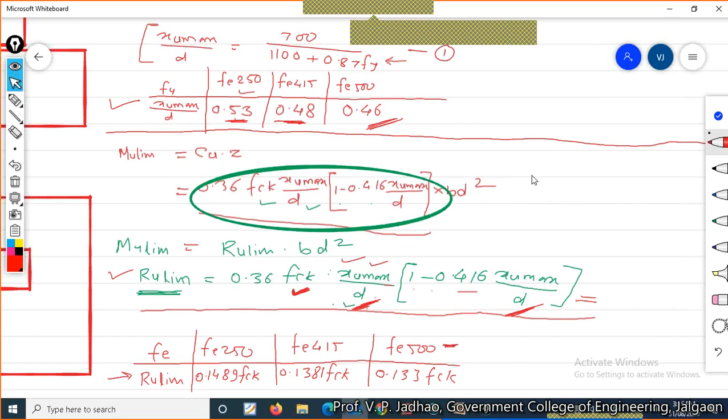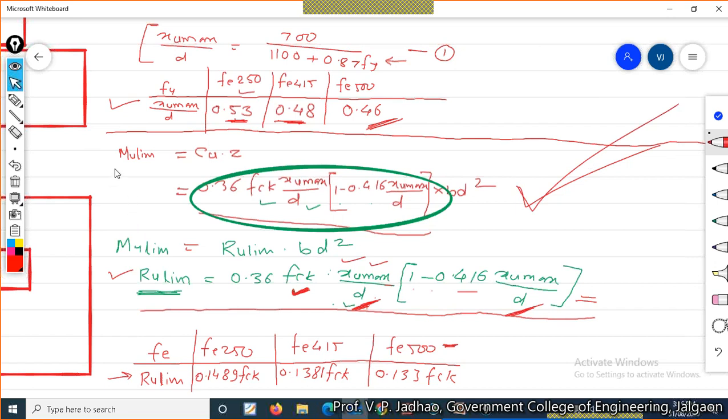If we put this value of Ru limiting in the equation of Mu limiting, that is, Mu limiting is equal to Ru limiting into b d square, what will we be getting?